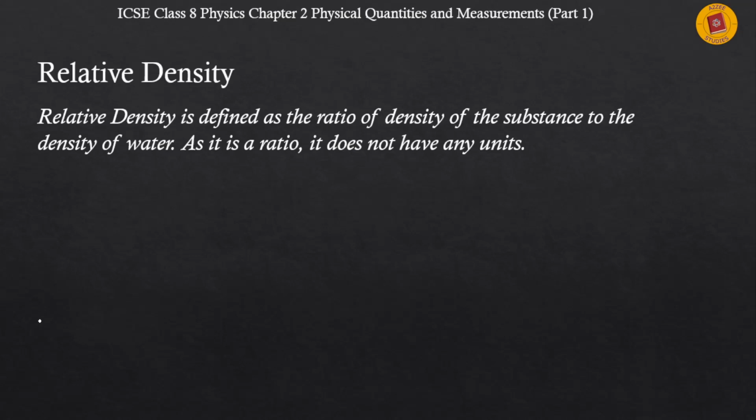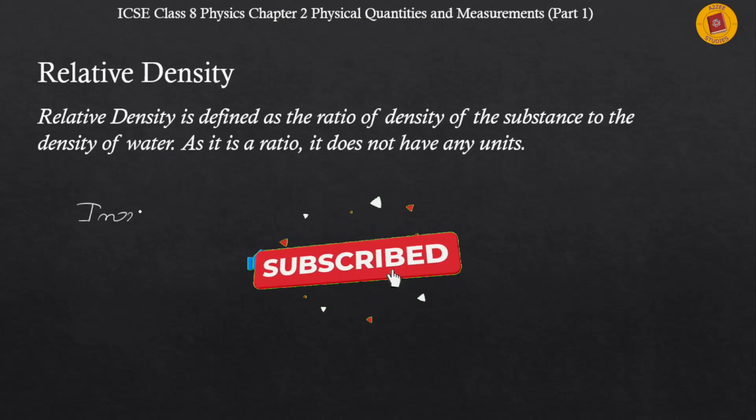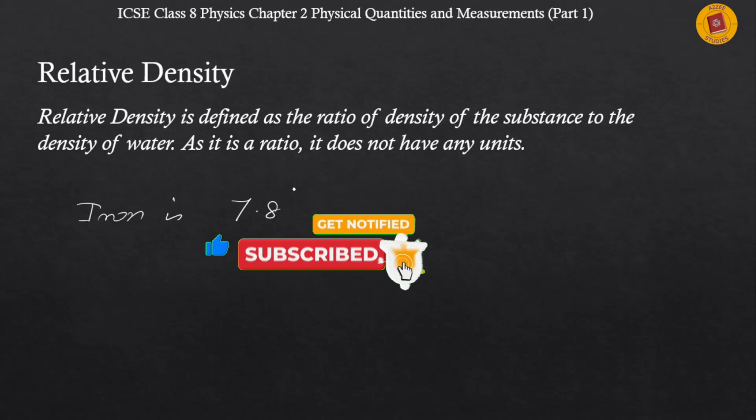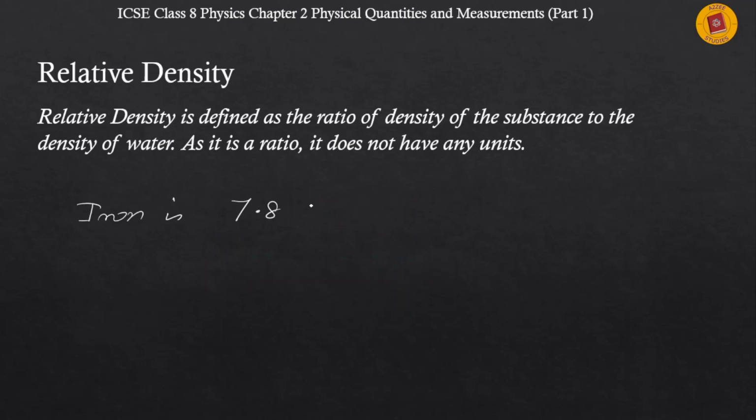For example, if I tell you the density of iron is 7.8 grams per centimeter cube, or 7800 kg per meter cube.